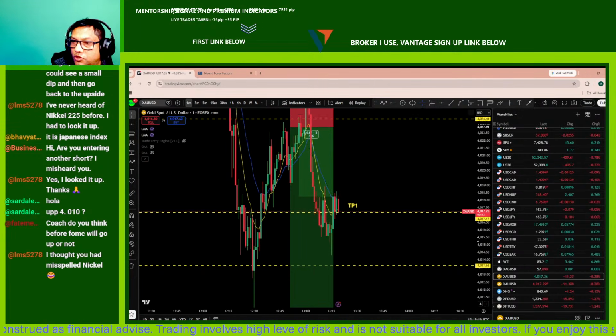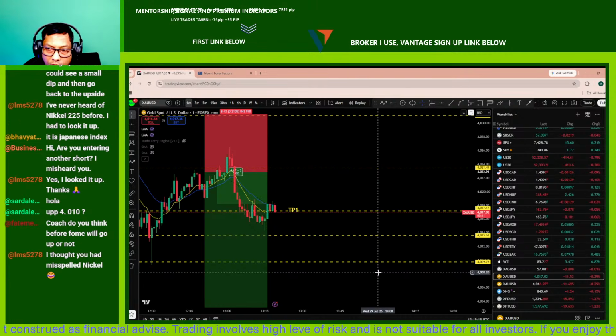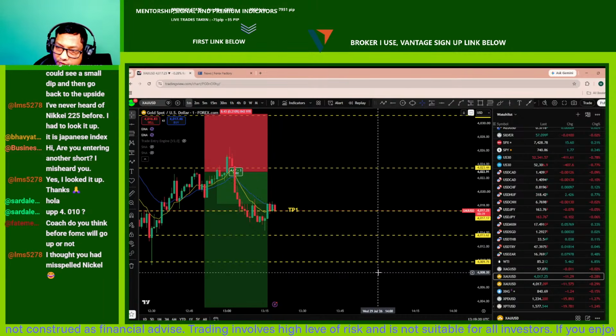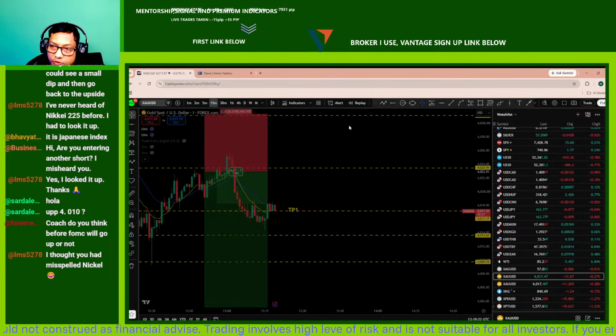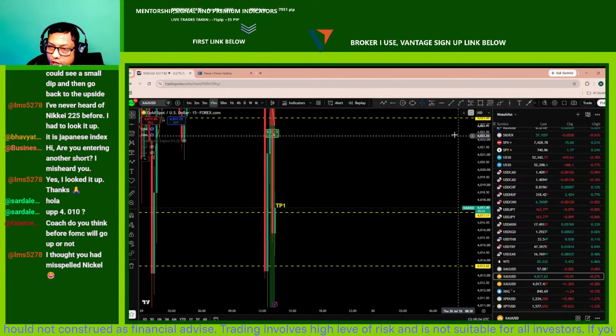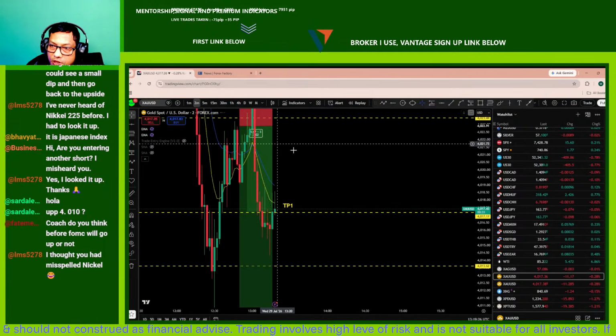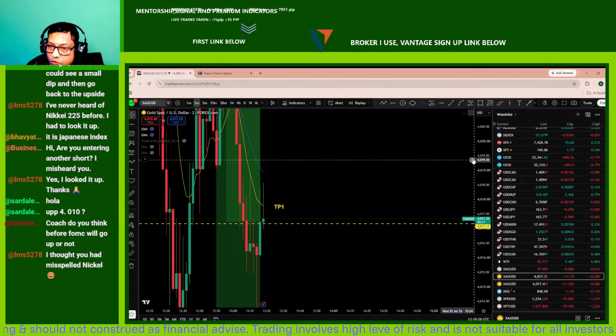Very unusual market structure. It's breaking out of that level. We can re-enter again. Waiting to see, but we had a successful move.